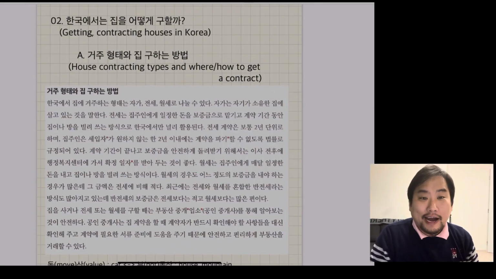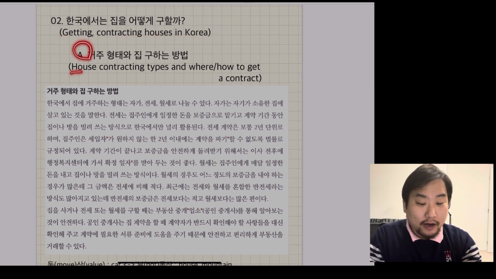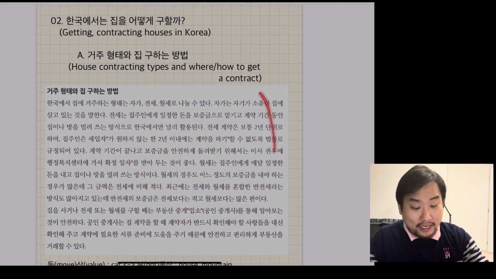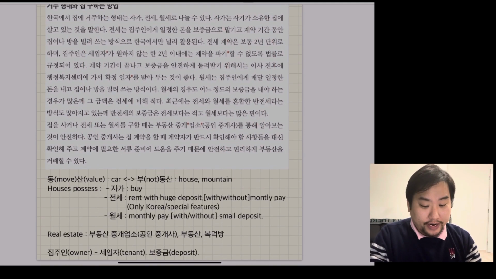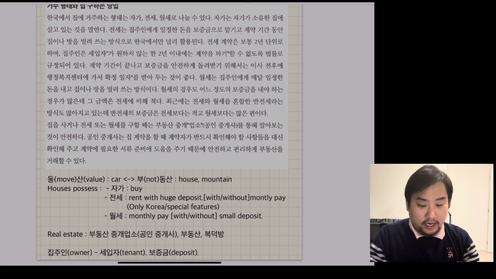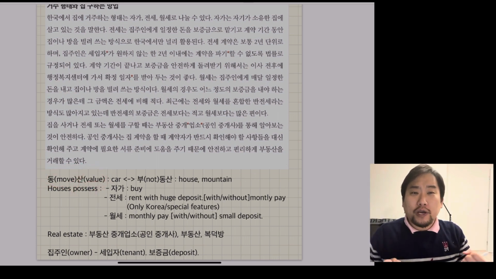So the second type is getting or contracting houses in Korea. The first one is house contracting types and how to get a contract. Before we start this paragraph, I prepared a concept map, so let's deal with it quickly. 동산: 산 is your value and 동 is like 운동, movement.